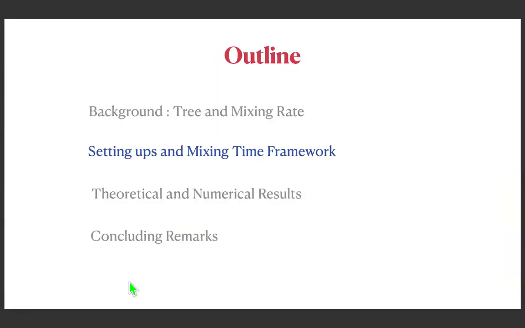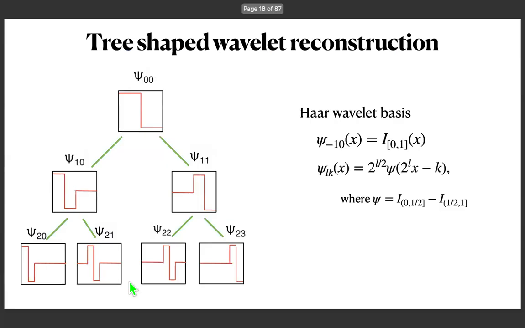Okay, now I move on to the setup. For this work, we will use the tree-shaped wavelet reconstruction. If we see this Haar wavelet basis, the orthogonal Haar wavelet basis with dilation and translation, their structure looks exactly like a binary tree.